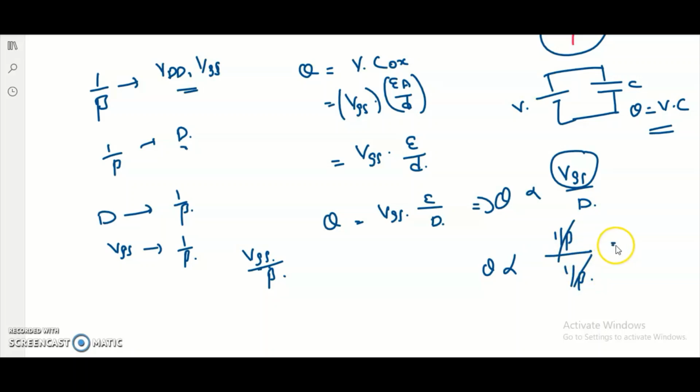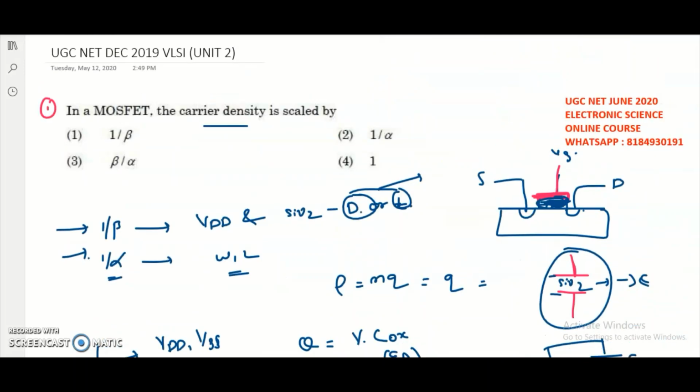Now both of these get cancelled, so that becomes 1, so the charge density is equal to 1. From this concept, the correct option is the fourth option, that is 1. It is the scaling applied to the carrier density of the MOSFET.